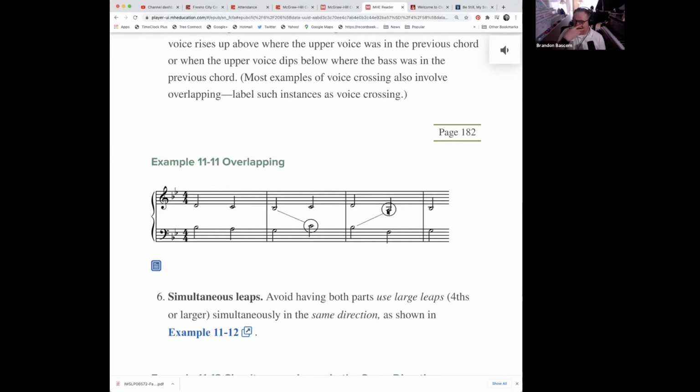Questions? Does it have to be overlapping in the same measure?